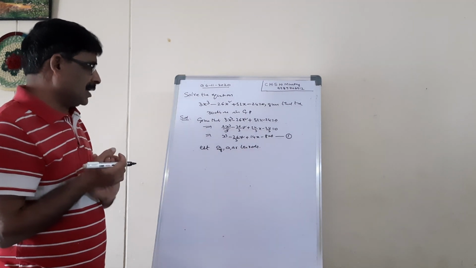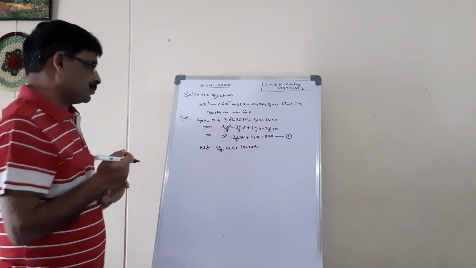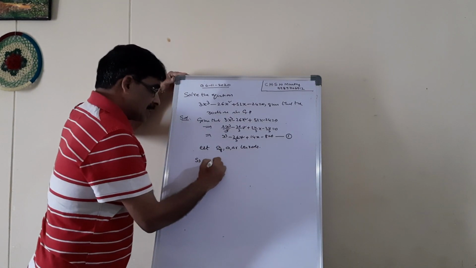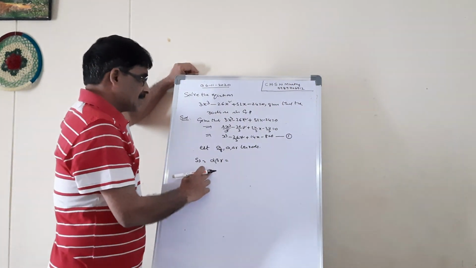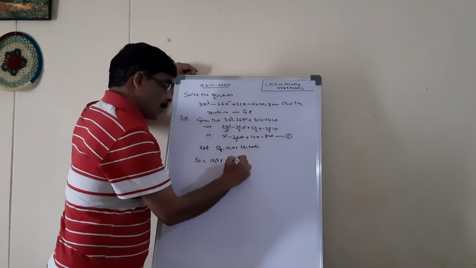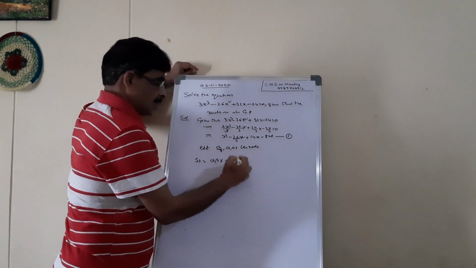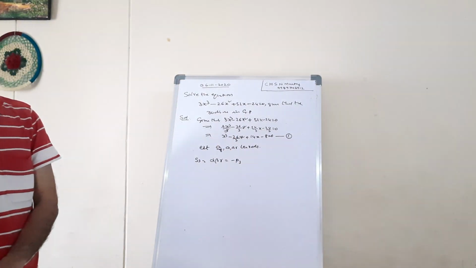So we have to find the roots. How to find the roots? You know the S3 formula. Alpha, beta, gamma, that is S3, equal to minus P3.